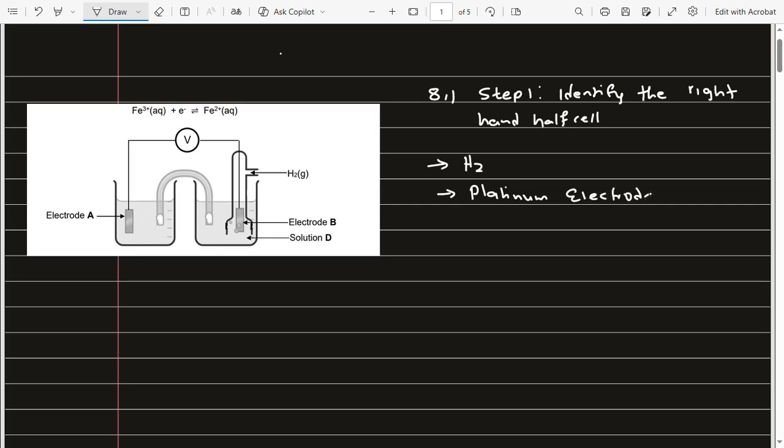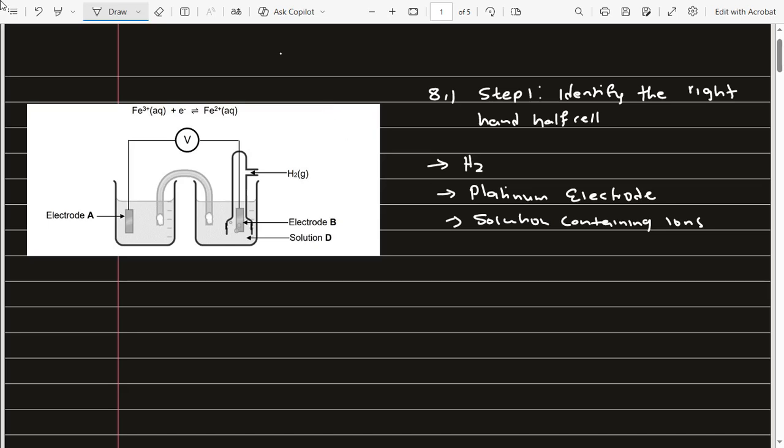Okay, so that's what we see: a hydrogen gas, a platinum electrode, and we also see a solution containing ions.